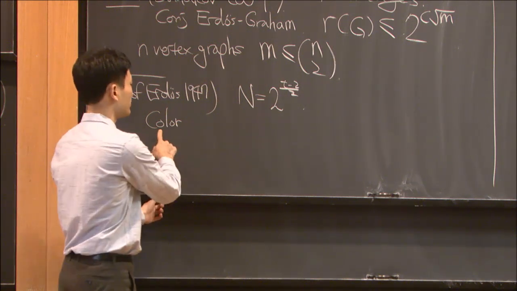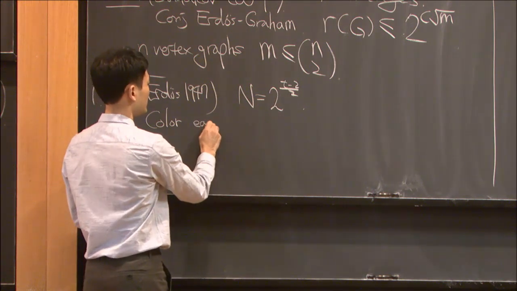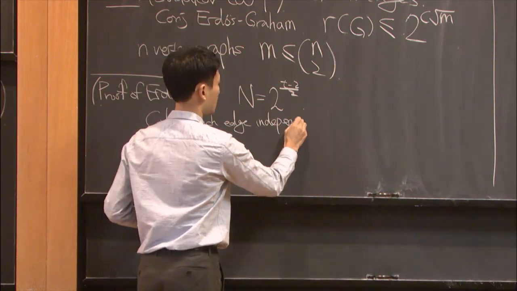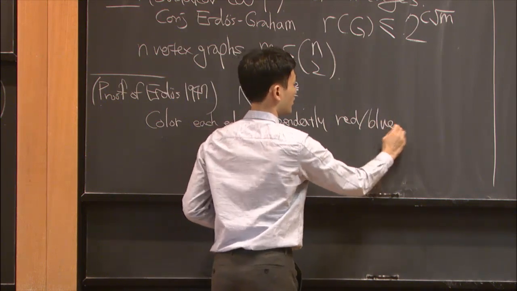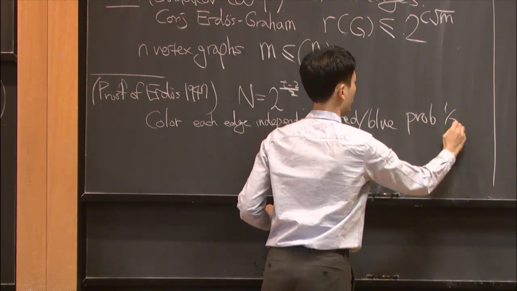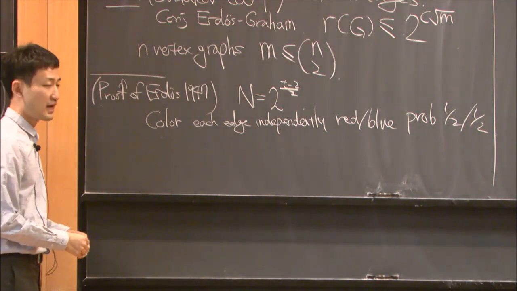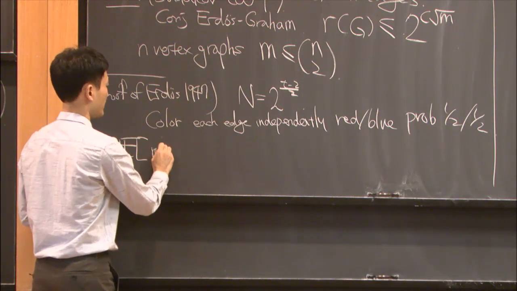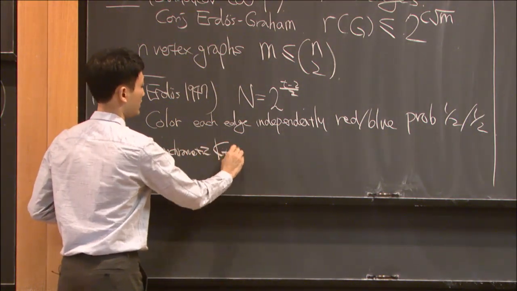How I'm going to do it is I'm just going to color the edge set randomly in red or blue. So color each edge independently, red or blue, with probability half-half. And all you have to do is compute the expected number of monochromatic cliques K_t.